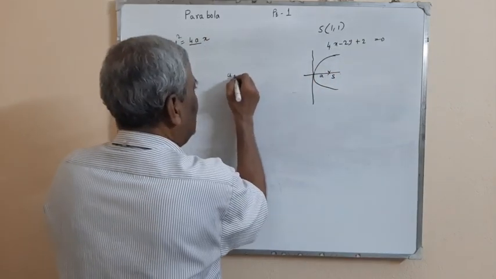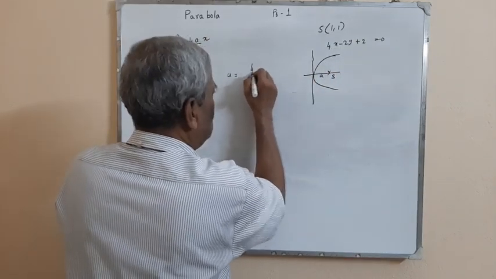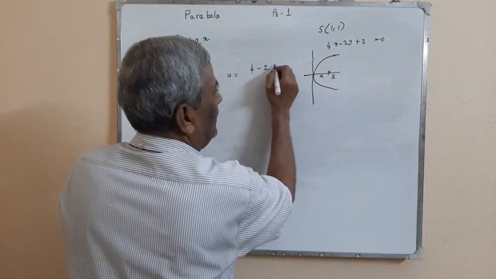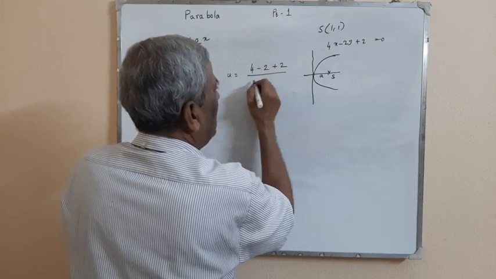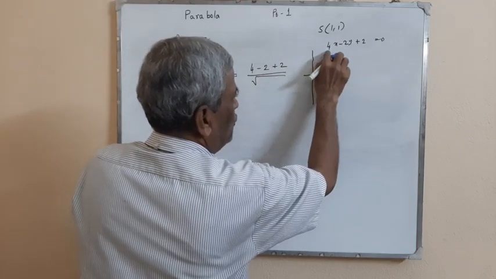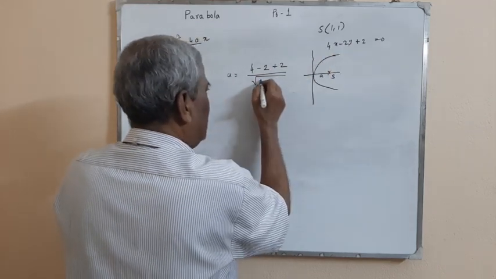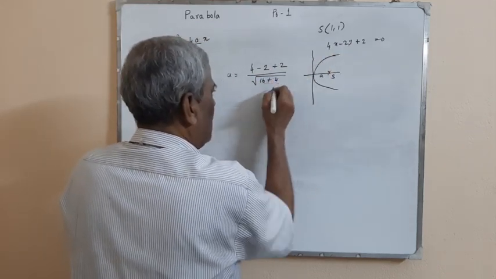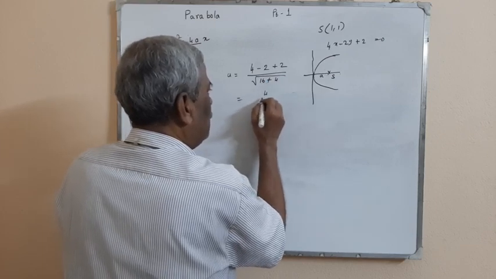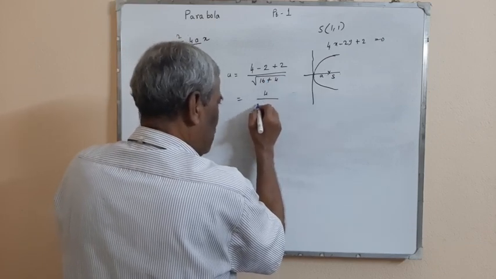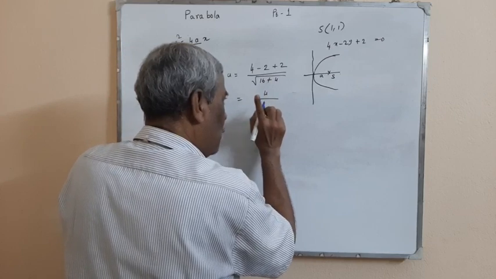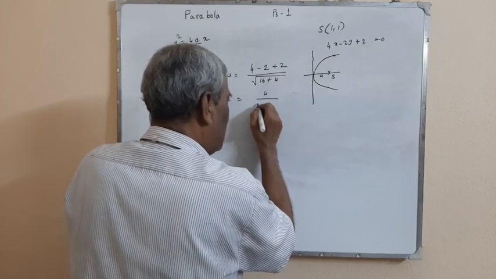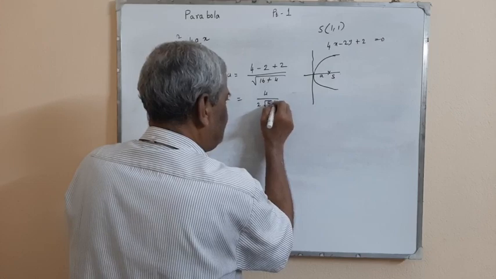So our a is equal to (4 into 1 minus 2 into 1 plus 2) divided by root over of 4 square plus 2 square, 16 plus 4. So it is equal to 4 by root 20. 20 means 4 into 5, that is 2 into root 5.